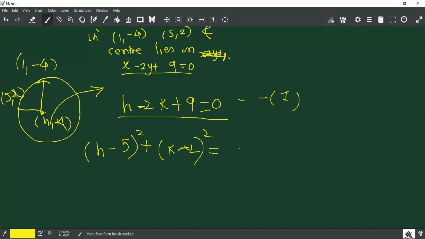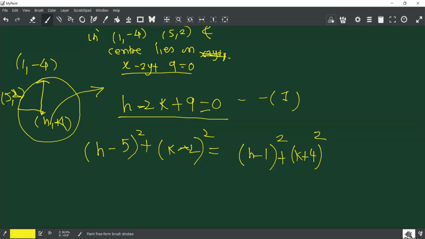H minus 5 the whole square plus K minus 2 the whole square is equal to H minus 1 the whole square plus K plus 4 the whole square.